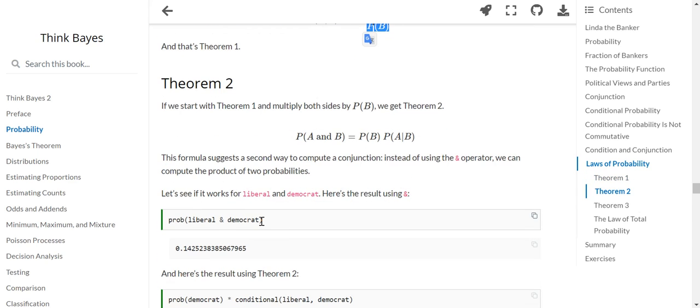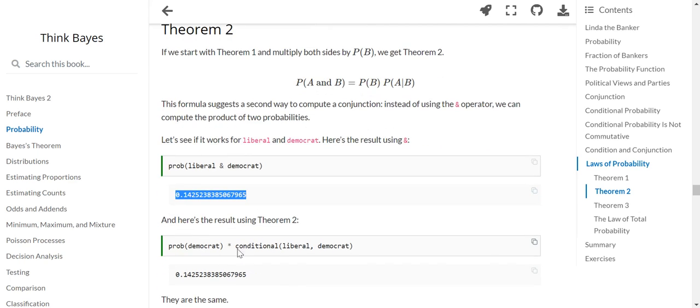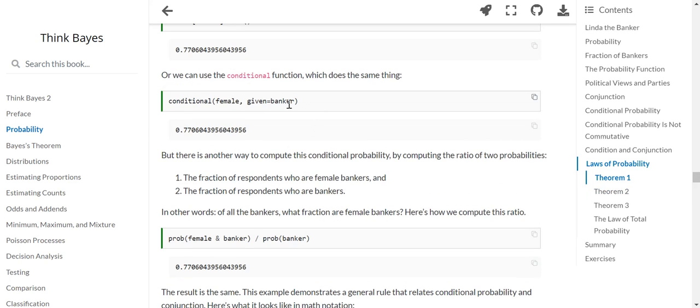If we want the probability that someone is a liberal and a Democrat, that is 14%. If we use this formula, we take the probability of being a Democrat and the conditional probability that a person is a liberal given that they are a Democrat. Let's think about this once again. The second one in the conditional is our given.